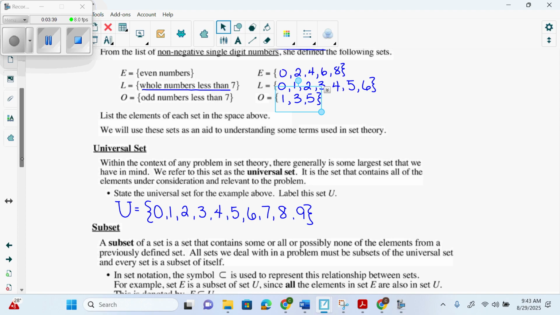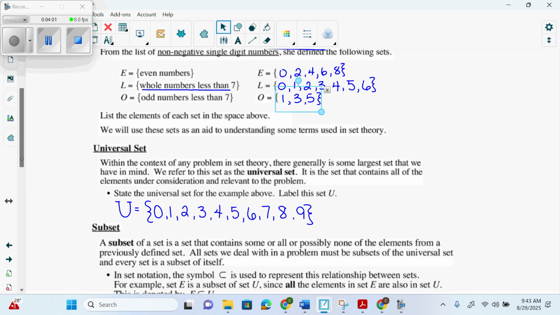It could contain 5, smiley face, piggy. It doesn't really matter what else it contains, but at minimum, if this set is a subset of this one, it has to contain whatever this one has. So if this one had 1, 9, and 4, this one would have to have 1, 9, and 4, but it could have 10, 17, -5, whatever.